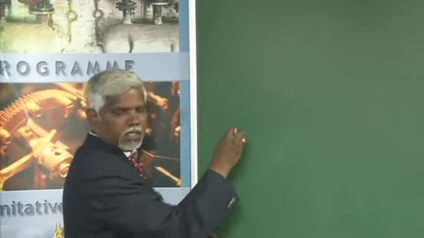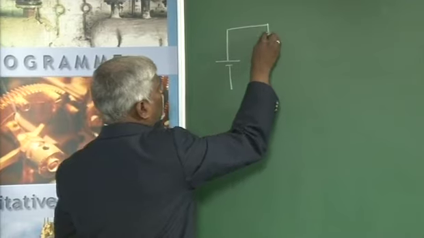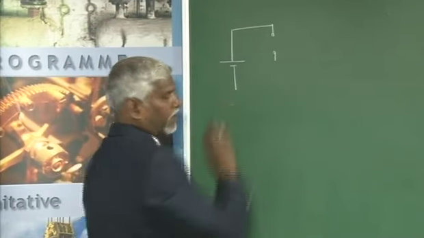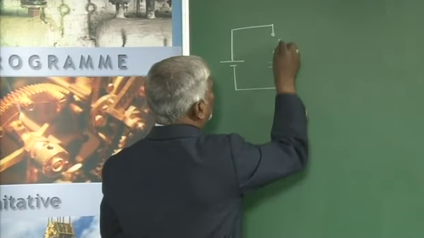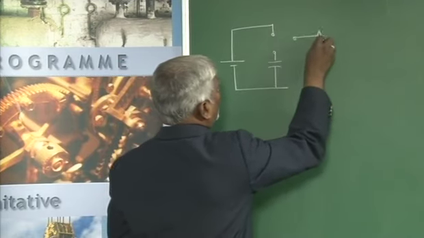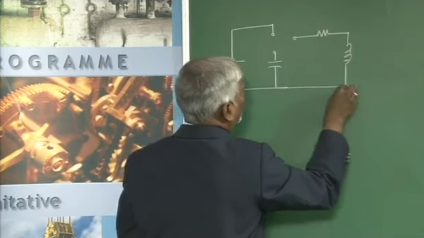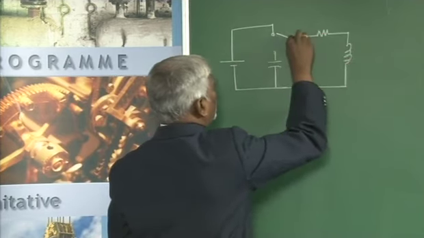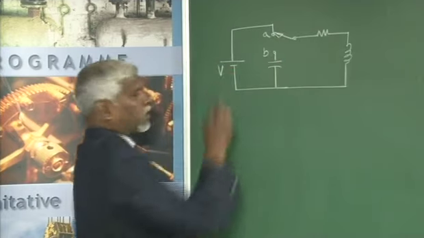I will just take down the same problem. It has two positions A and B, where the capacitor is connected to B, a switch, an R and an L connected to this, and the switch is already in position A. This is position A and position B with a voltage source.